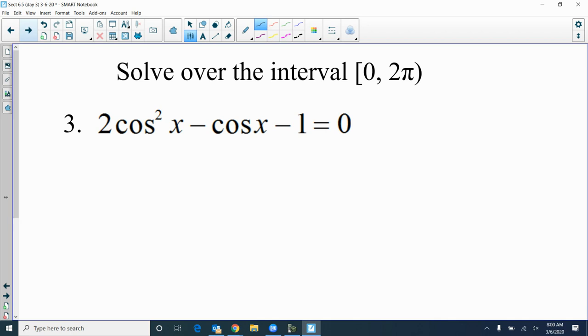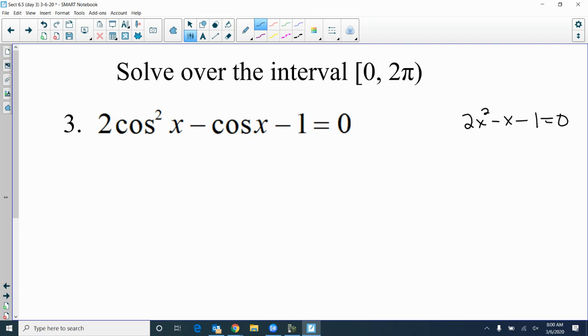But think about this. What if I had 2x squared minus x minus 1 equals 0? You basically have a quadratic. What do you do to quadratics? Factor them. They don't factor, use quadratic root formula. So we got to factor that.